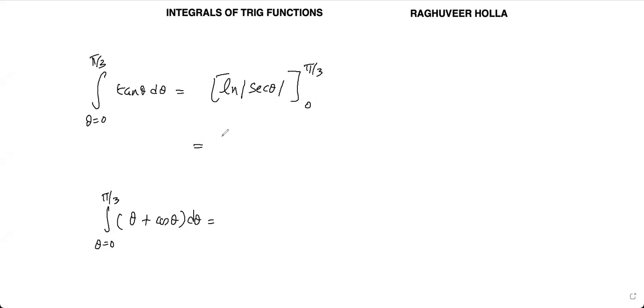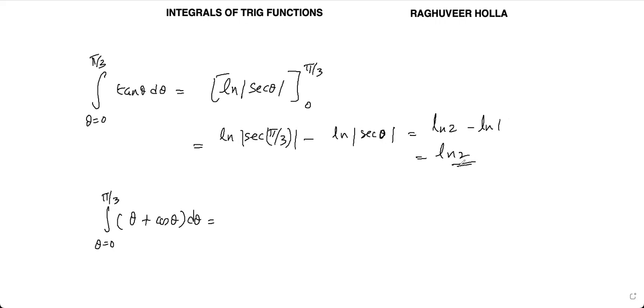Now this is ln secant pi by 3 minus ln secant 0, which is ln 2 minus ln 1, which is 0. So this is ln 2.